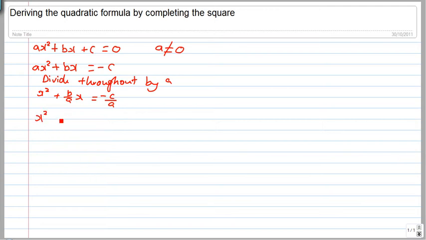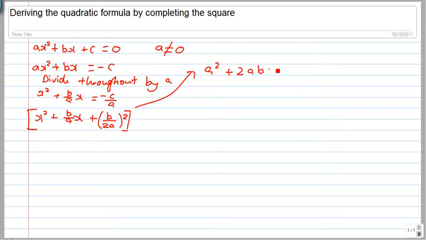x squared plus b over a x. Shall I half this? I'll get b over 2a, and then half of that squared. Can you see that this resembles a squared plus 2ab plus b squared?